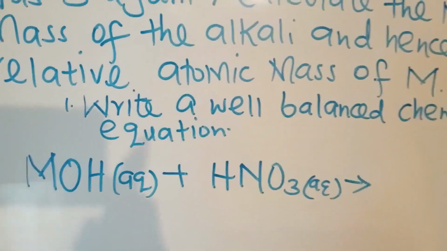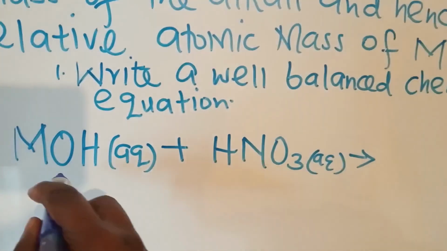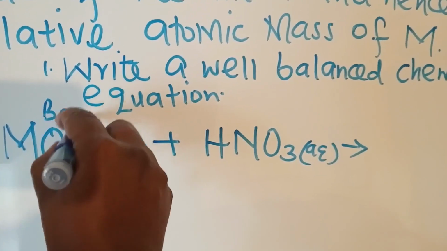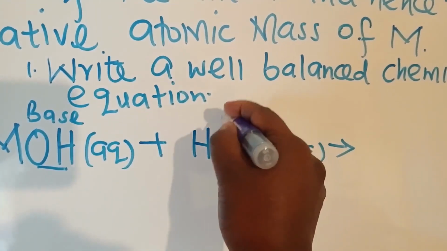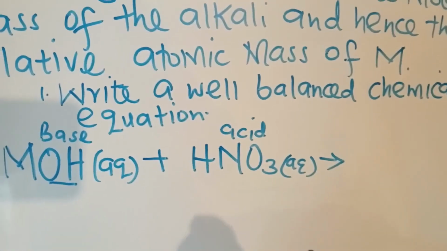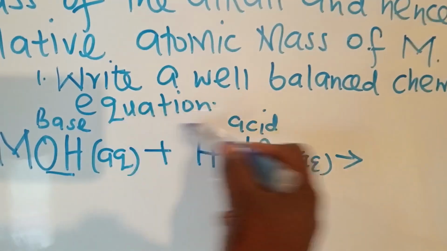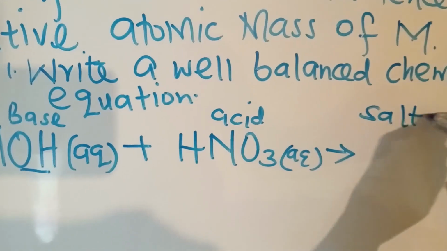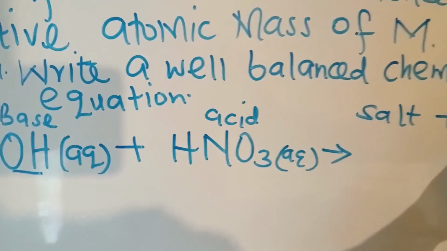What will be the products? When you see an OH here, it means that this is a base, and this is already an acid. Even the name can tell it is nitric 5 acid. When a base and an acid reacts, we always get a salt plus water.